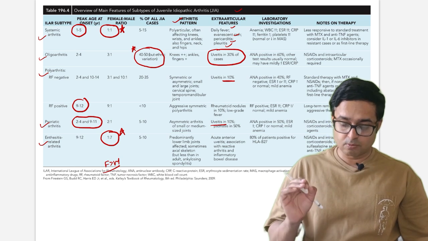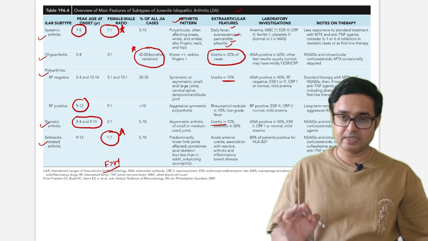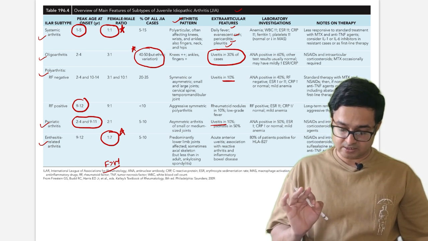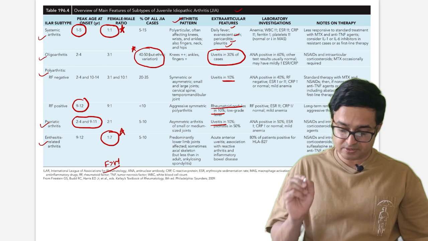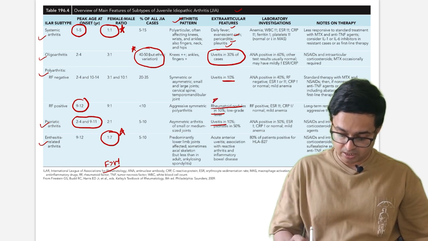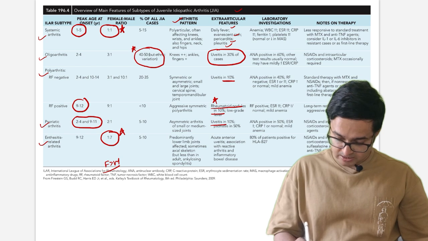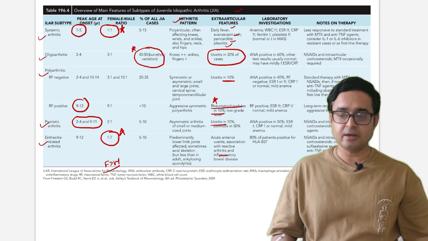So more uveitis is seen in oligoarthritis, very important. In RF positive, rheumatoid nodules are seen in only 10% of cases, a very good point. Anterior uveitis is associated with reactive arthritis in enthesitis-related arthritis.